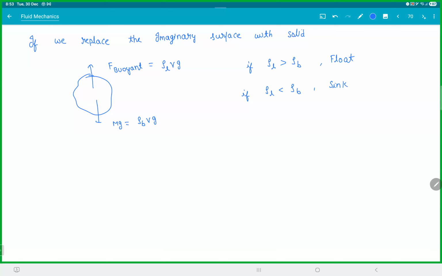But anyway, that is one. Great. Now, this is all the story from Archimedes. Archimedes had no idea why this came about, but we can figure it out. So what is this buoyant force exactly? This buoyant force is actually due to the difference in pressure between the lower and the upper surfaces.